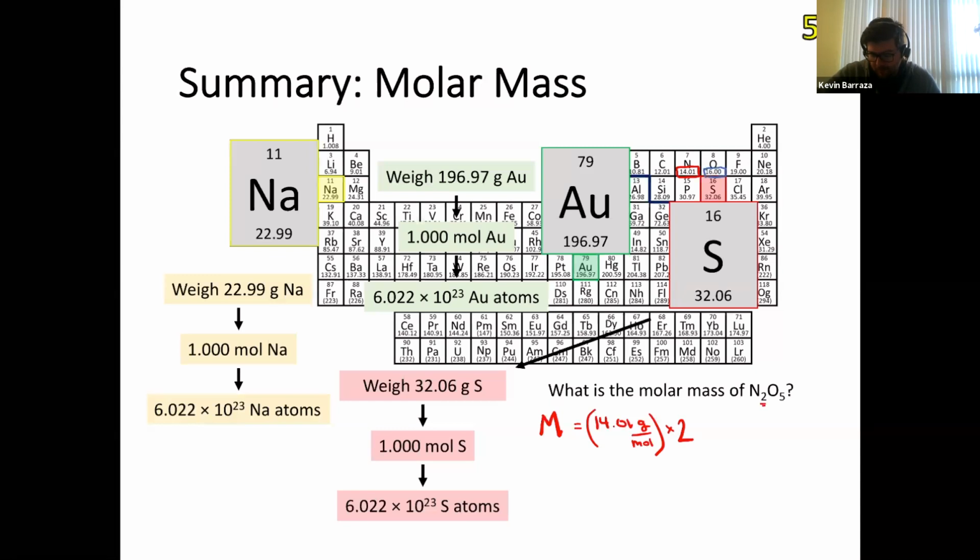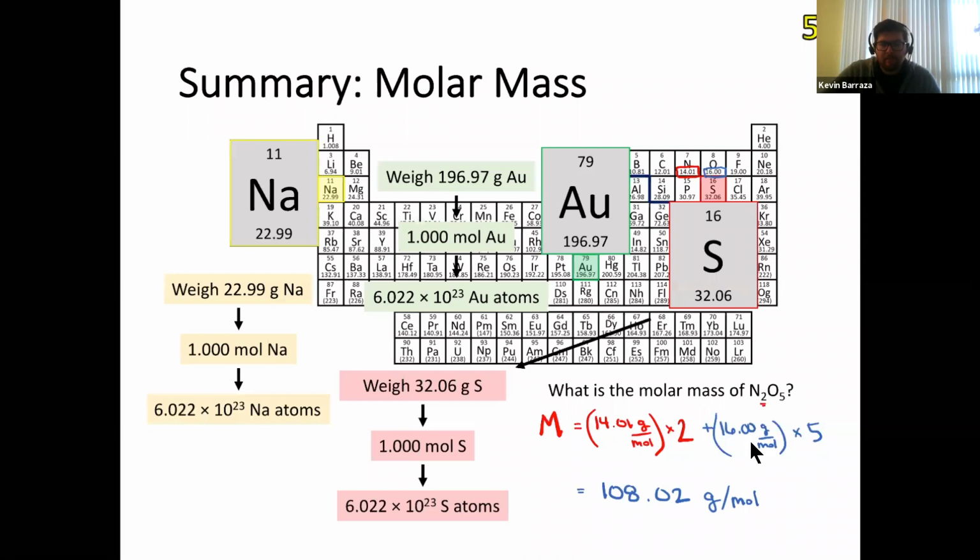Oxygen is 16.00, so plus 16.00 grams per mole times 5. What we end up getting is 108.02 grams per mole.